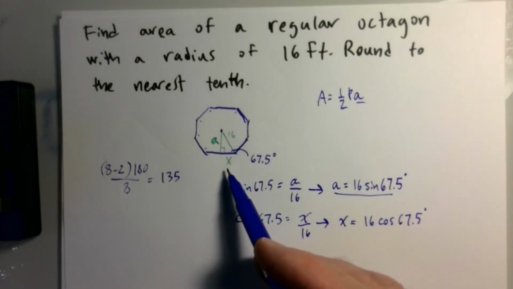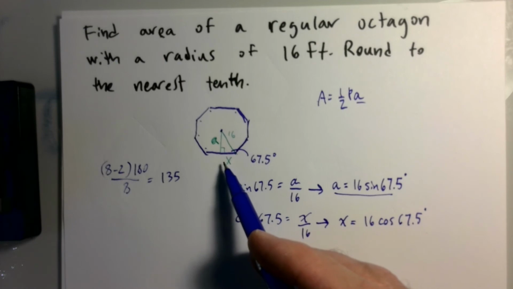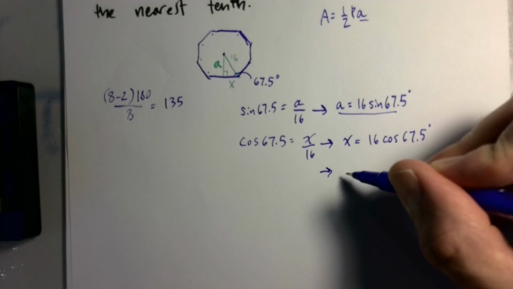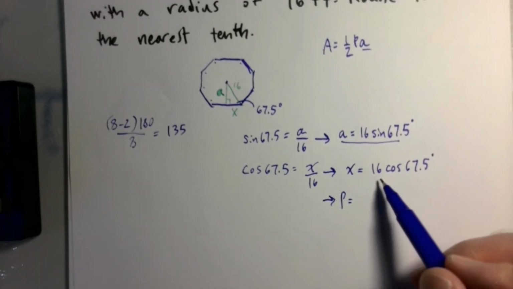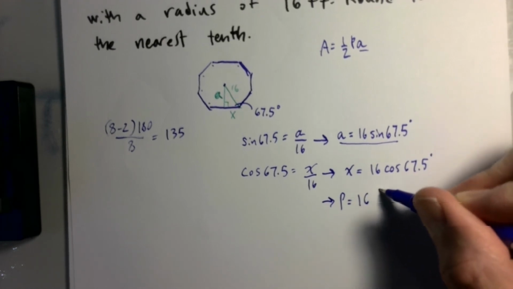X isn't the perimeter, but it's part of the perimeter. X is half of one of my sides, and if I have 8 sides, what I'm going to have to do to get perimeter, so this tells me that capital P for perimeter, this is half of one side, and I'm supposed to have 8 altogether, so I should multiply by 16.